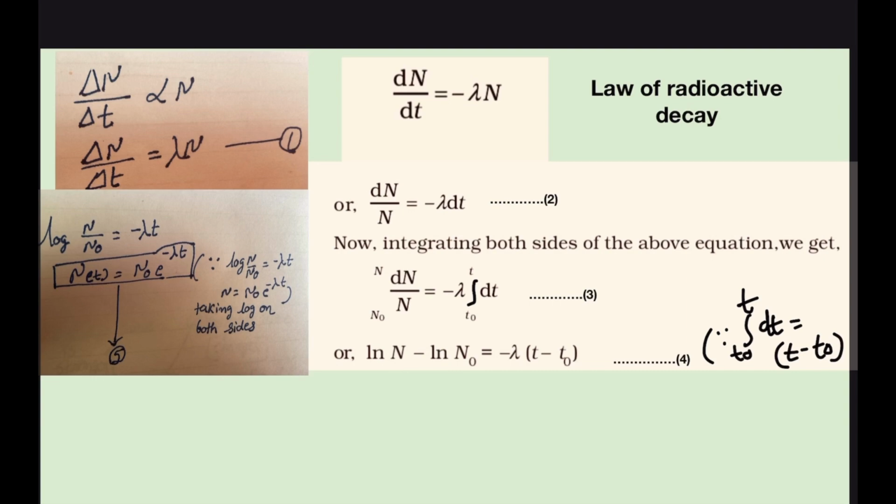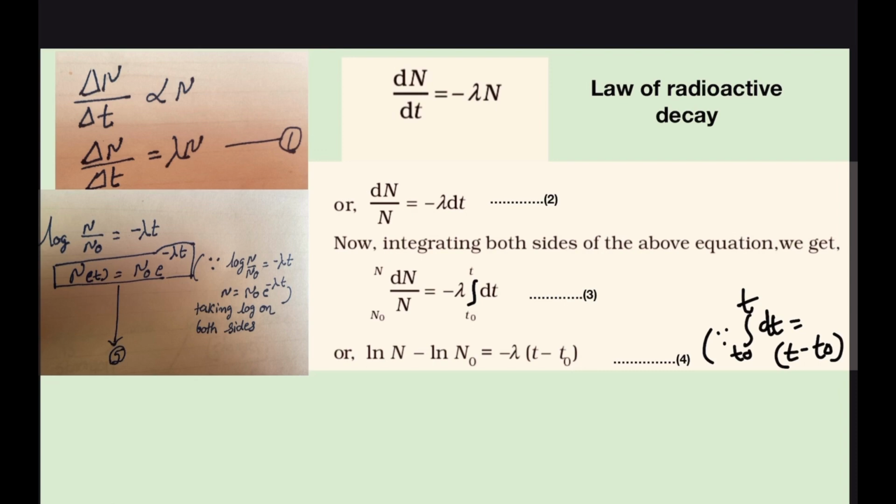Now again applying the formula of integration, integration of dx is equal to x. Here we have integration of dt, so the answer will be t, and we put the limits t minus t0. So finally our answer is log N minus log N0 is equal to minus lambda into t minus t0. That is our equation number 4.